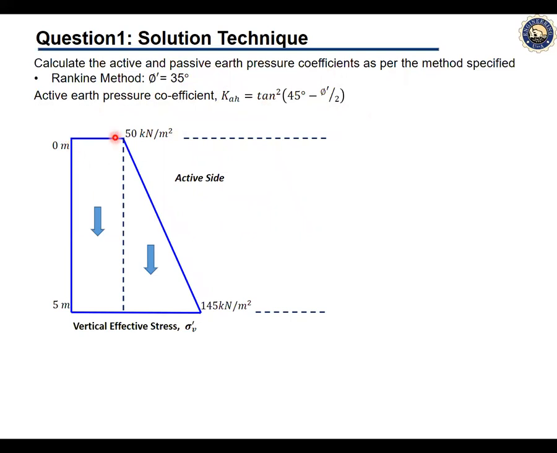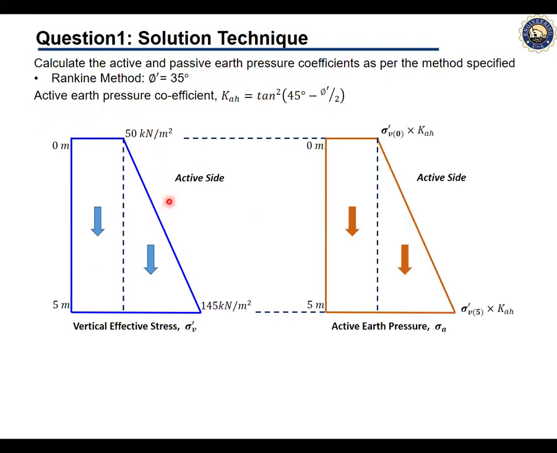This is the vertical effective stress distribution diagram on the active side that we got from the previous slide. Now, to draw the active earth pressure distribution diagram, we just need to multiply the effective stress at each depth by the KAH. That will give us the active earth pressure distribution diagram.